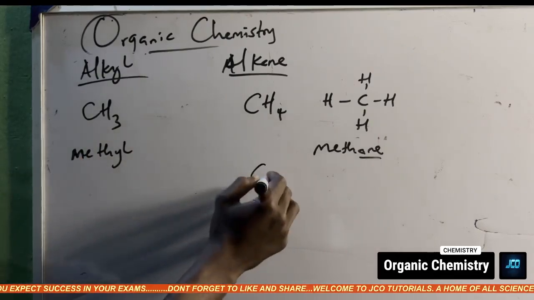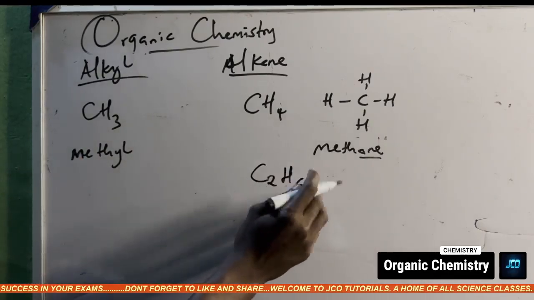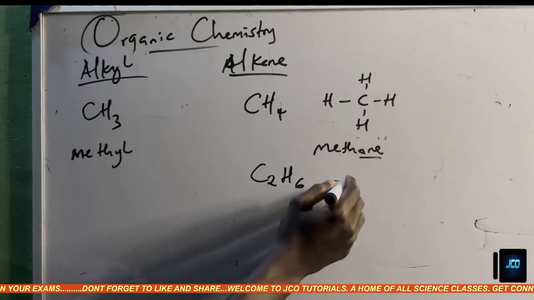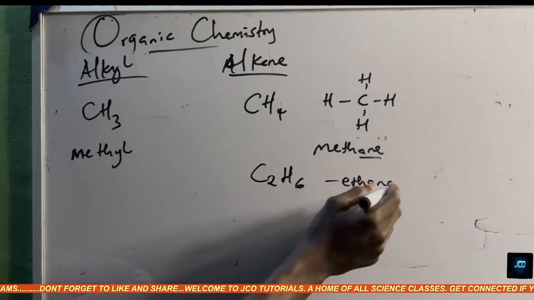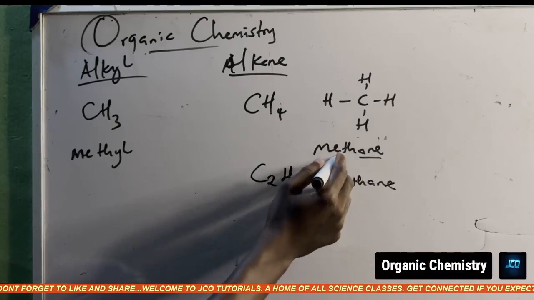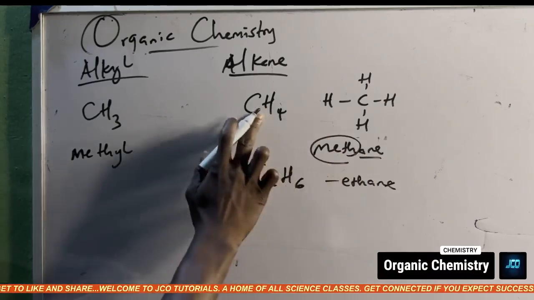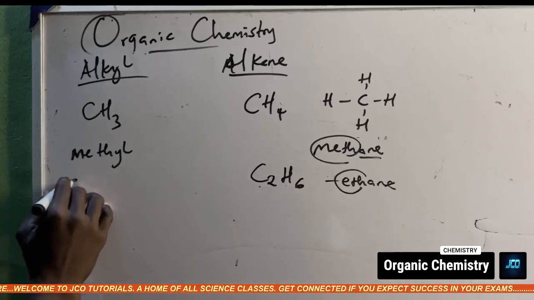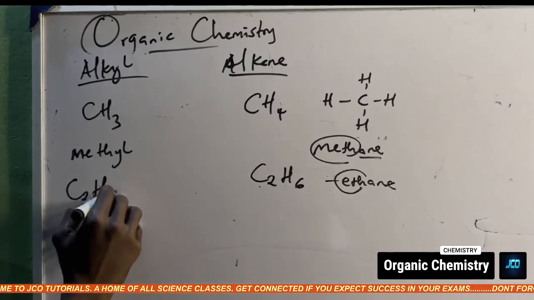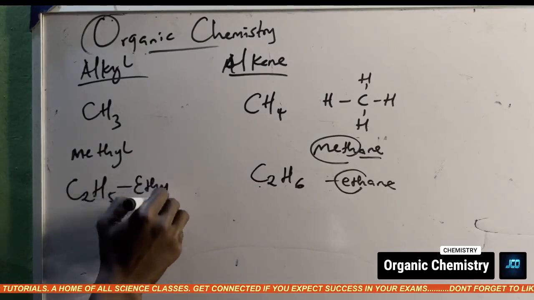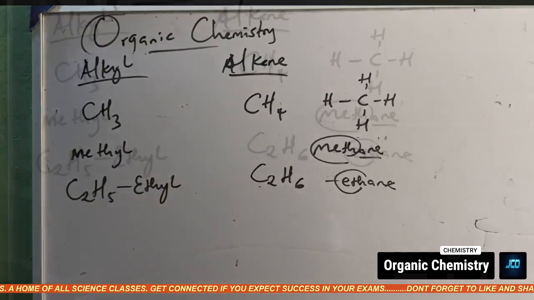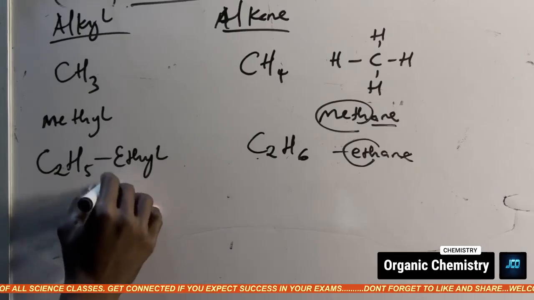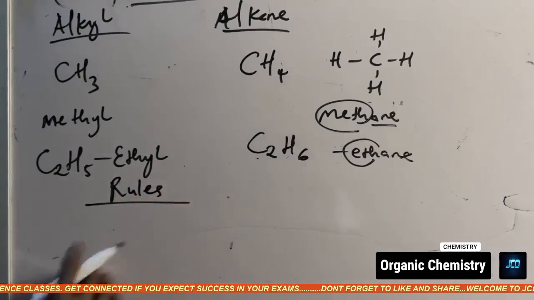So if I go further to have C2H6 here, see, met is one carbon, eth is two carbon. So for this case, if I have C2H5, it's going to be ethyl.